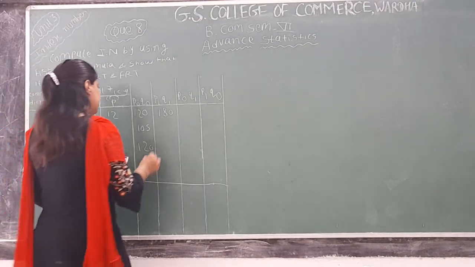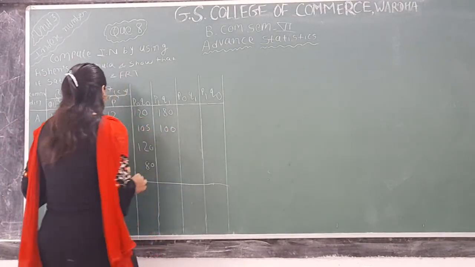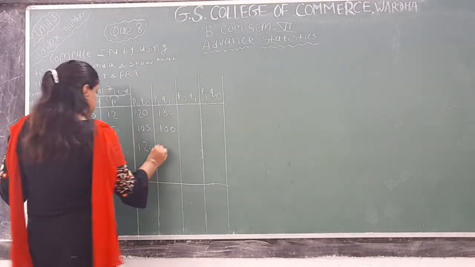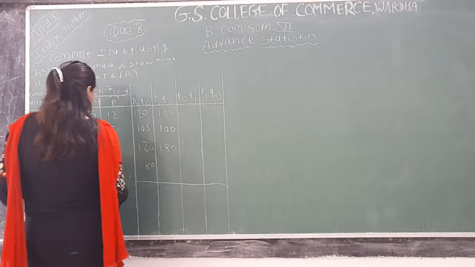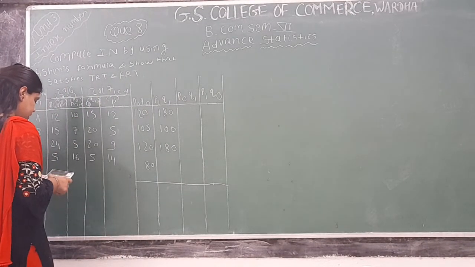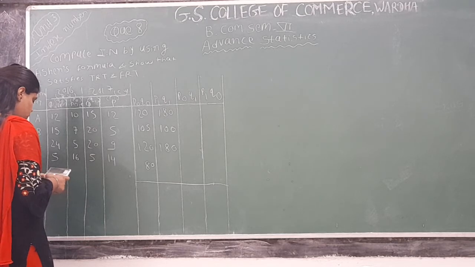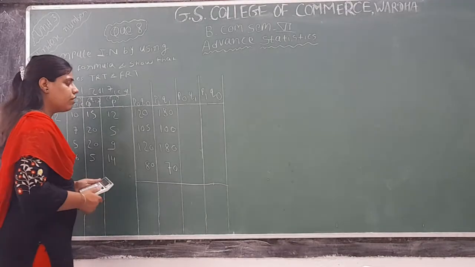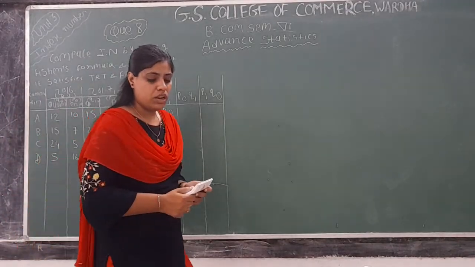So it will become 100. After that, for commodity C, it is 9 into 20. It will again become 180. After that, 14 into 5. It will become 70. This way, we have computed the values to be put in the P1Q1 column as well.